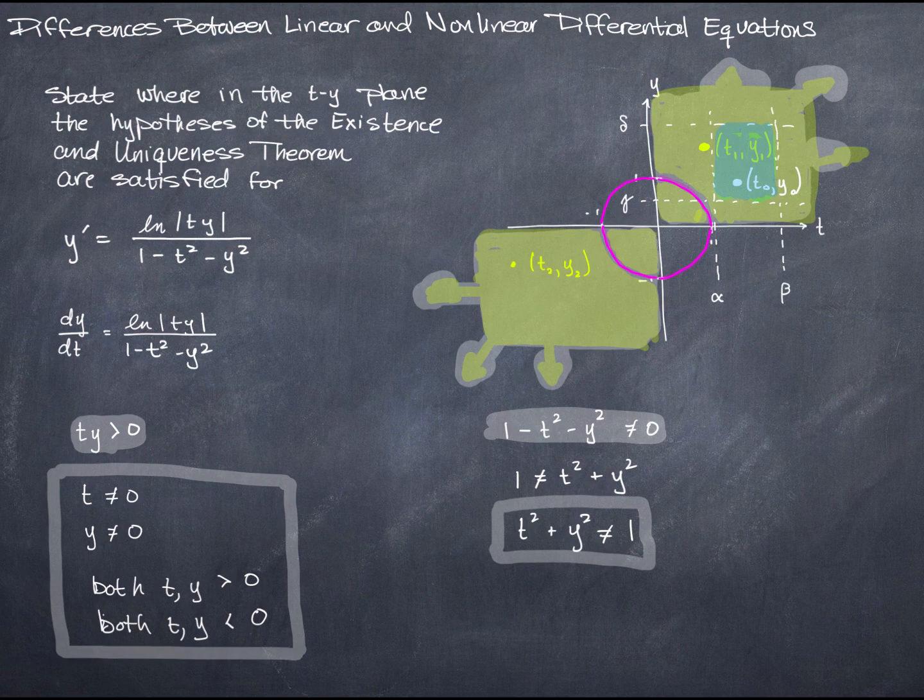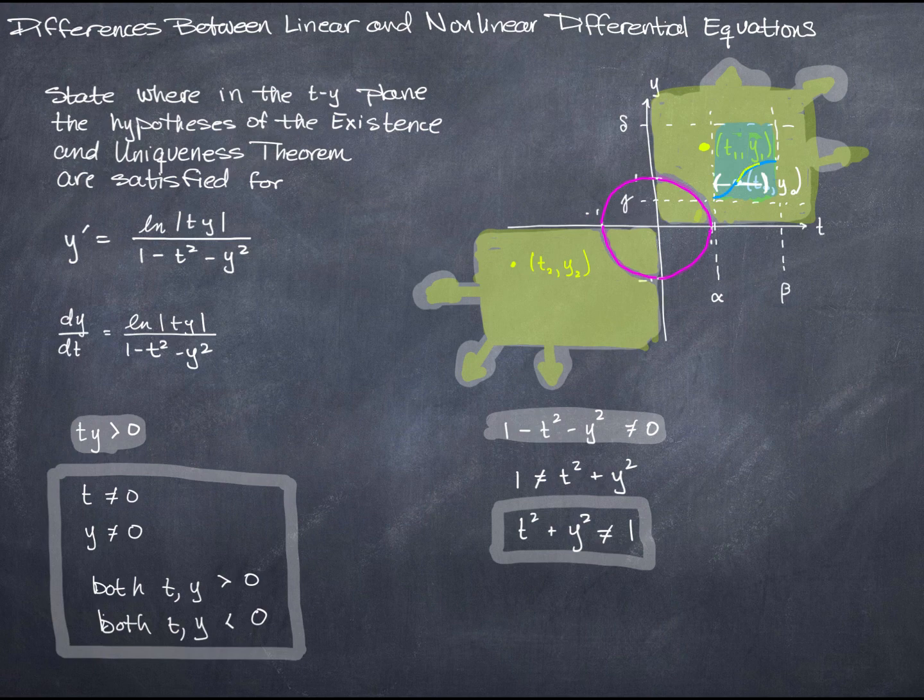And if I needed to, I could also find a value for h to say that around this point, there is an interval in which the solution to my differential equation, which will be a function, lives.